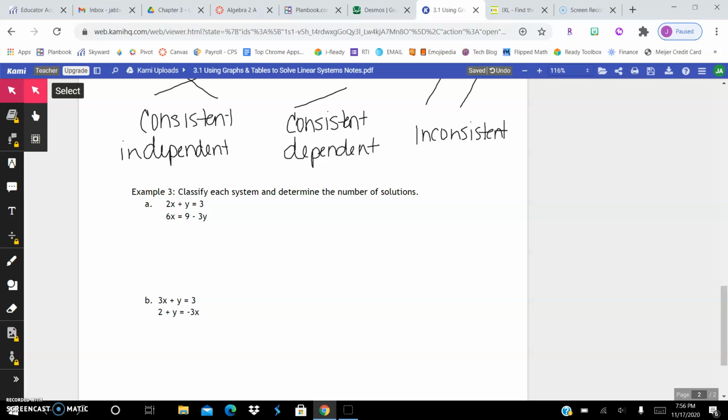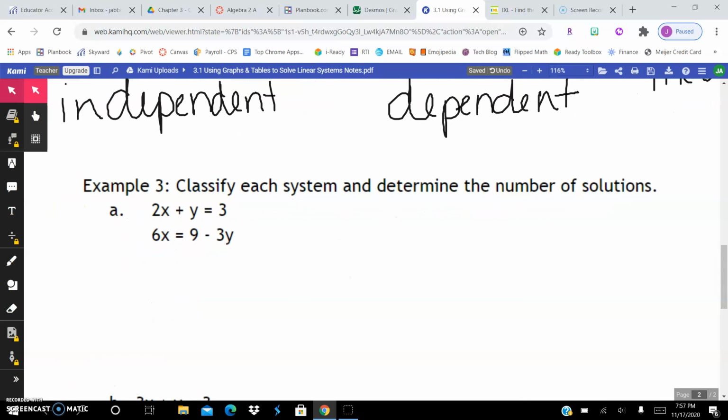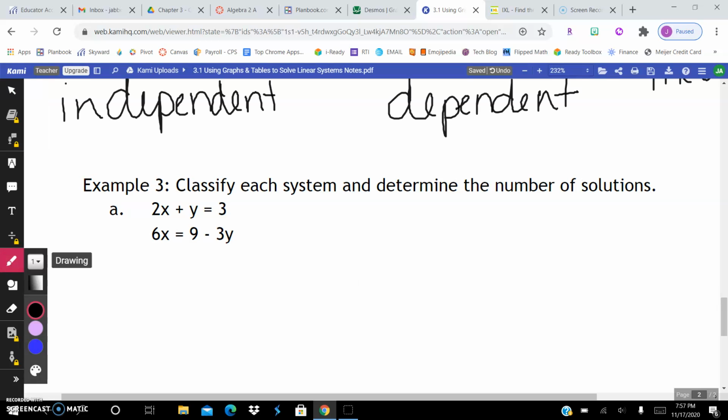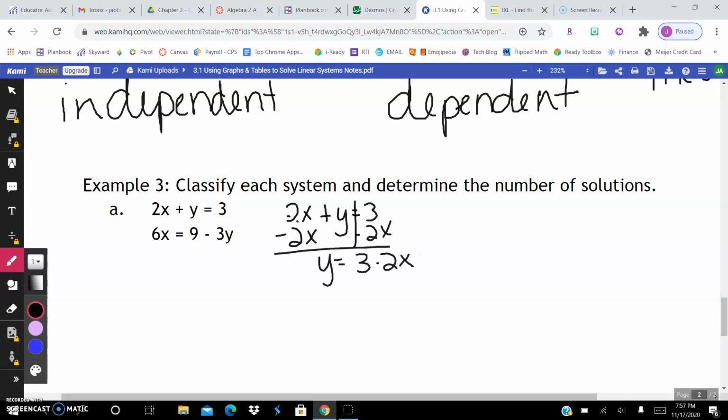So example 3, we have to classify. So in order to classify, we need to solve for y. So this first equation, I would have to minus 2x. So I would have y equals 3 minus 2x.